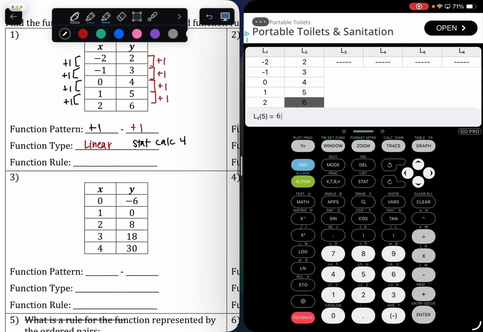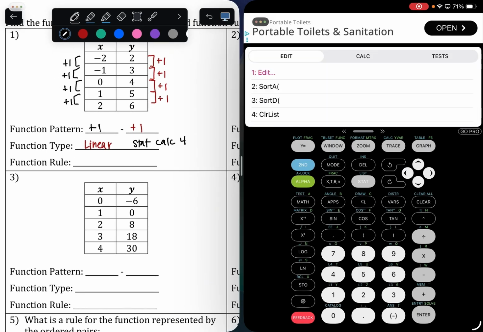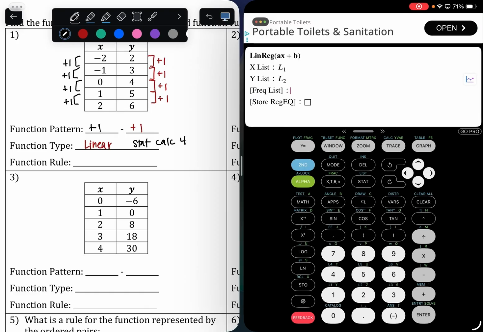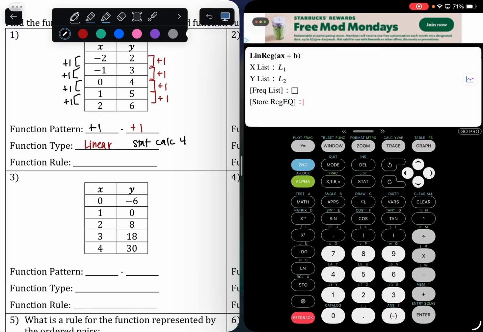Okay, and so from there, you're ready to press stat calc, and calc is over to the right. And then option 4 says linreg. So you can scroll down to it, or you can just press 4. Okay, and where it says store regression equation, that's where you want to press alpha trace, and I always just store it in Y1.